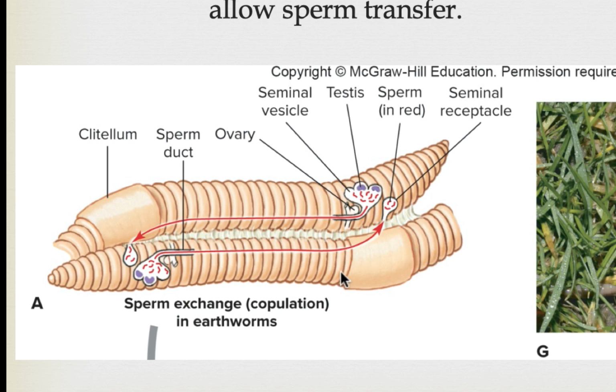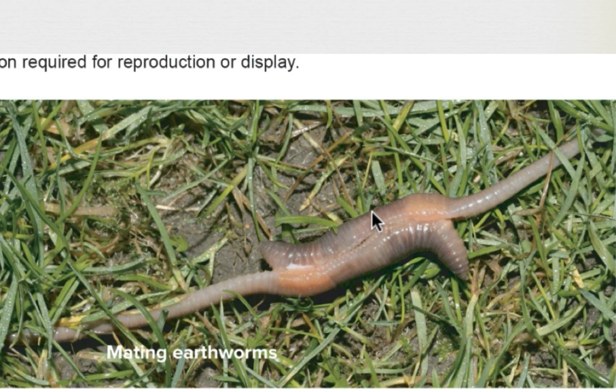Now, one of the things that helps hold them together during this process is they secrete, as you can see here, this mucus sleeve, and that is actually produced by this structure called the clitellum. So the clitellum actually is this mucus producing structure that creates this sleeve that holds them together during mating, but it continues to have additional function.